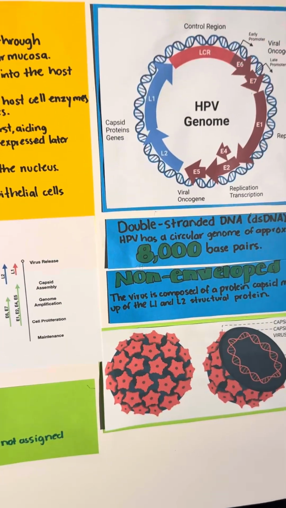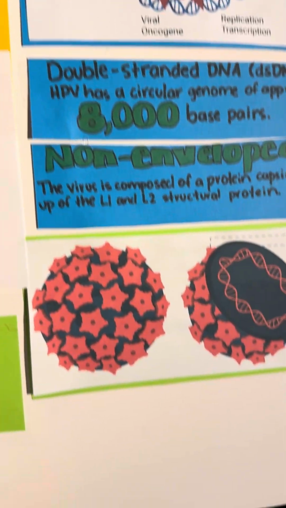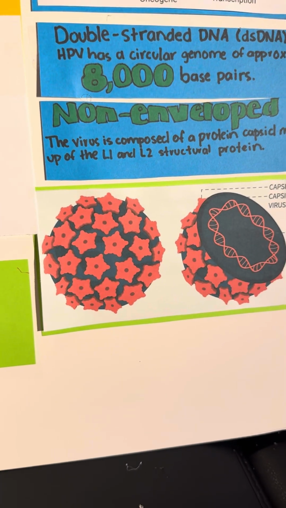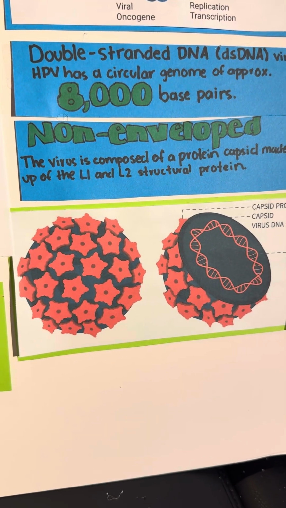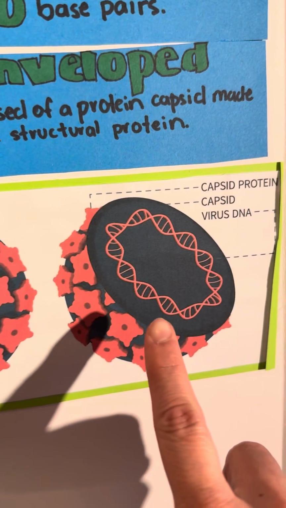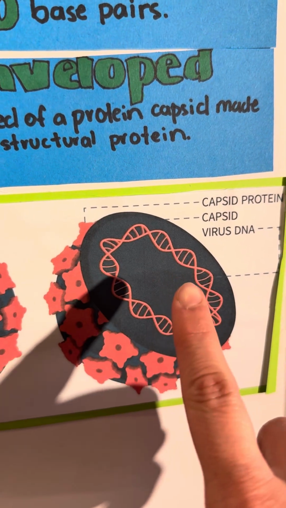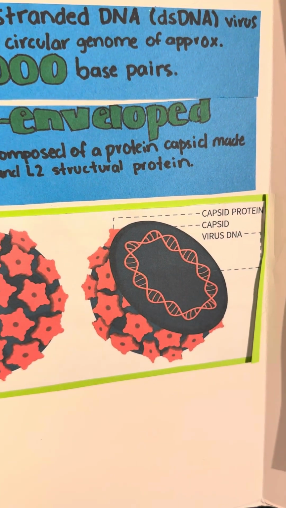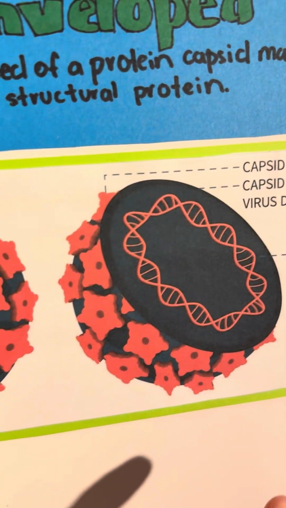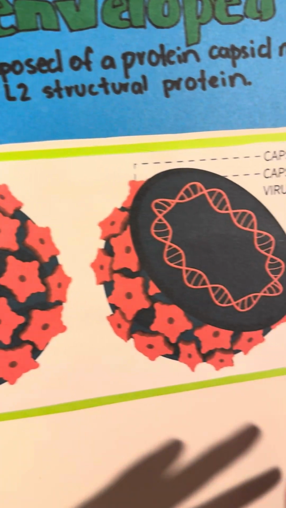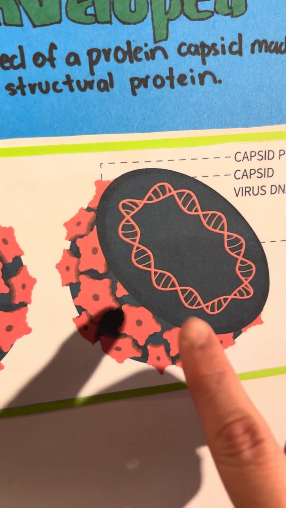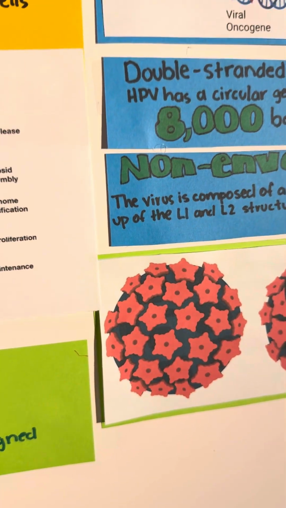It's a real shape, and here I have a representation of this virus, where we can visualize the capsid protein and the viral DNA. It's a representation of the inside of the virus particle and the outside as well.